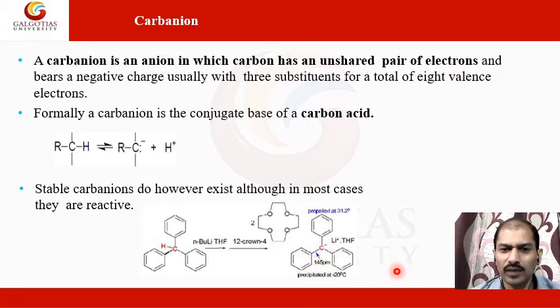So this is how these carbanion species can be synthesized. They can make an ionic bond with the lithium present in the reagent butyl lithium. So this is a carbanion formation in the case of triphenyl groups attached in this compound.